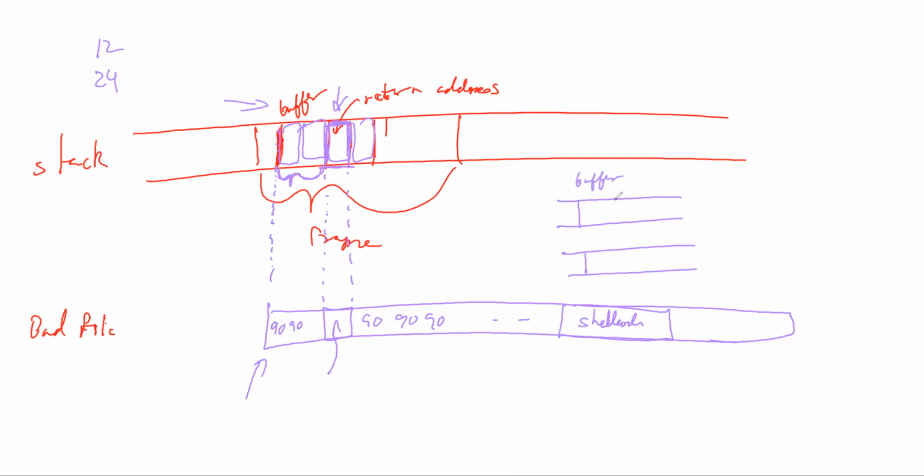If one buffer is 12 and the other is 24 in size, then the return address will be here for that one, and over here for that one. So there's an offset. Offset just means that they're not aligned, because this one is bigger than this one, so it pushes it further.